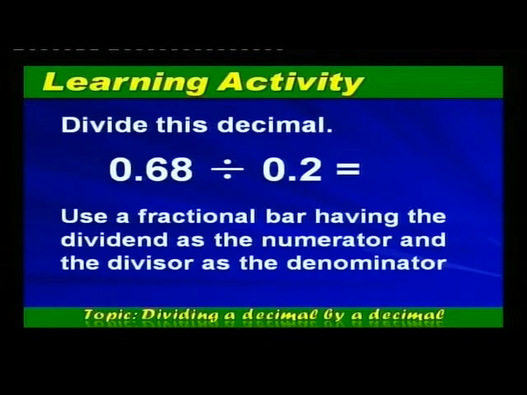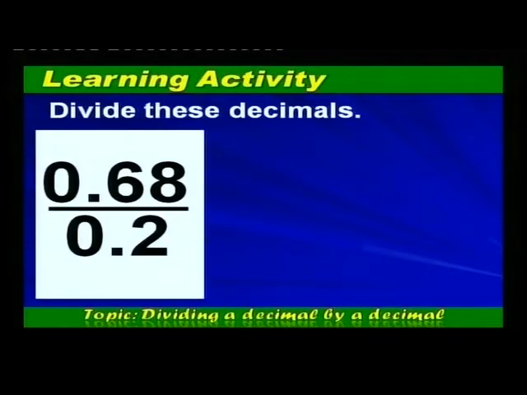If we have 2 decimals being divided, the first thing we do, we use a fractional bar having the dividend as the numerator and the divisor as the denominator. This is how you place your question. You're going to rewrite it in another way.